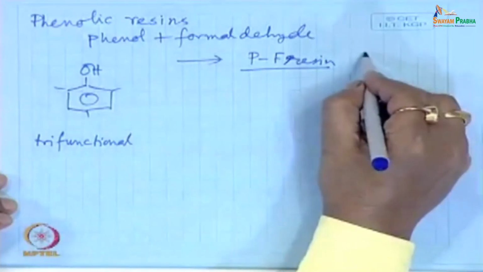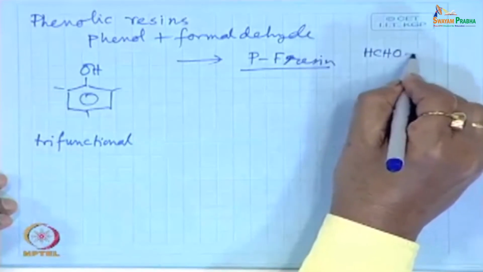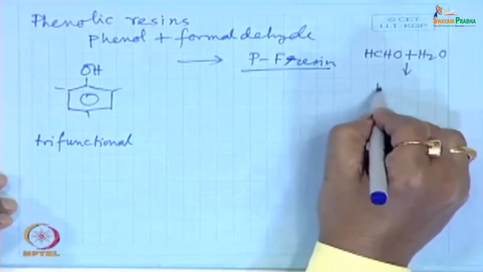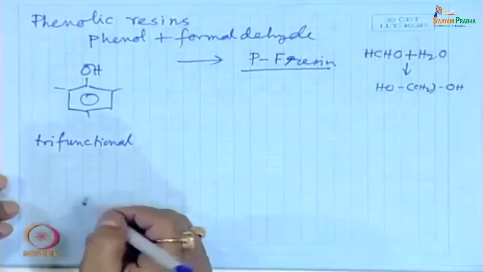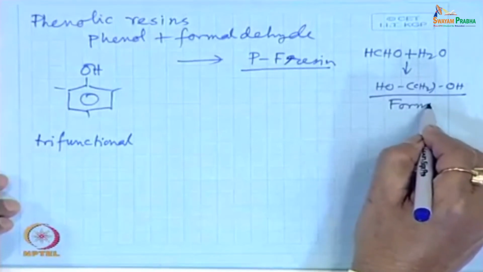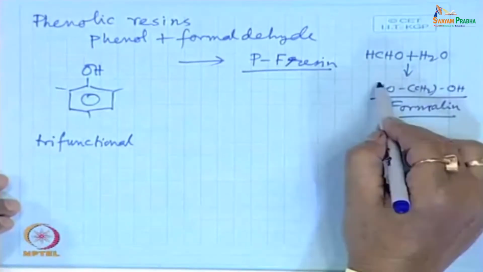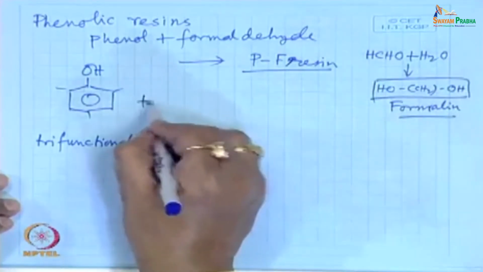formaldehyde. Is it monofunctional? Formaldehyde? No, it is bifunctional when it is dissolved in water. So, formaldehyde in formalin, we find this kind of chemical unit.